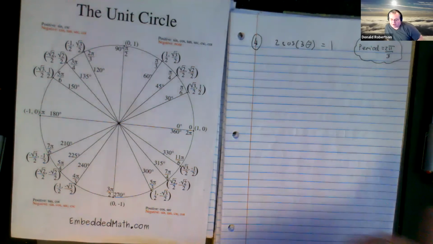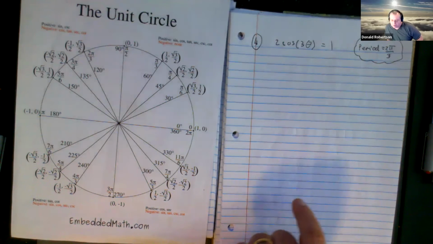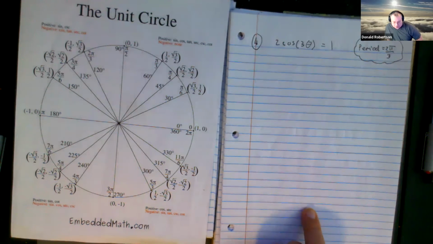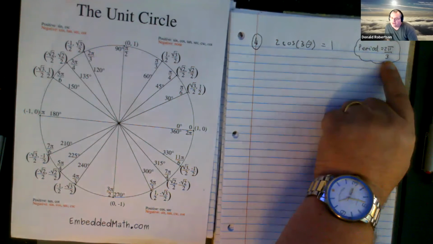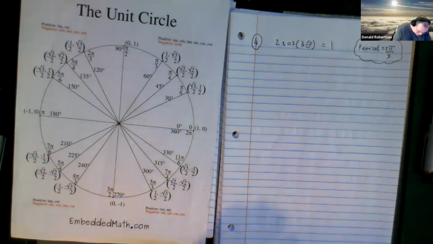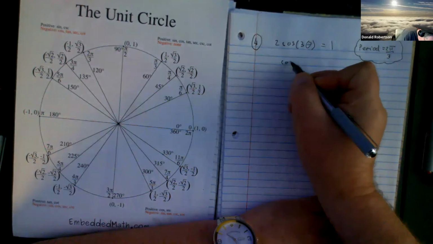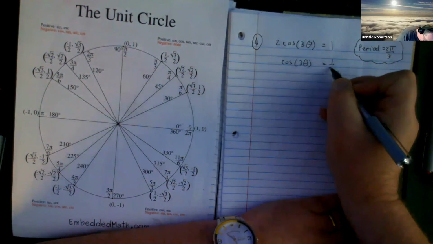Any answer that we get down here, theta is this or theta is that, any answer we get, you remember it's now going to be plus the period times k. So it's going to be plus 2/3 pi k rather than the typical 2 pi. So bear that in mind. So we're going to divide both sides by 2.